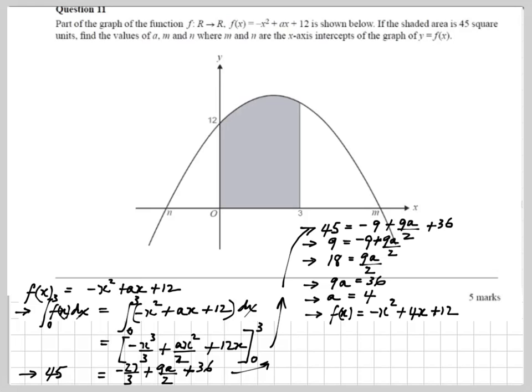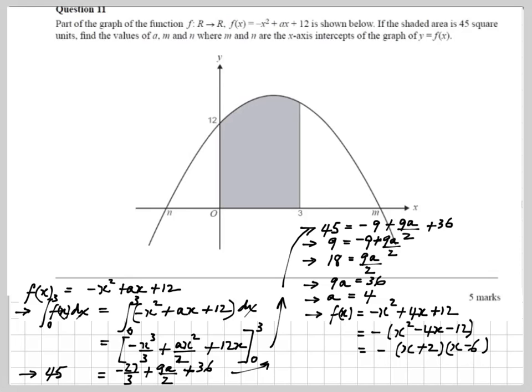Okay, and we've got to work out what the intercepts are. Well, I can smell it straight off. The factors of 12 are 6 and 2, and you can get a 4 out of the middle term from a 6 and a 2, can't you? I think so. Let's do it. There it is.